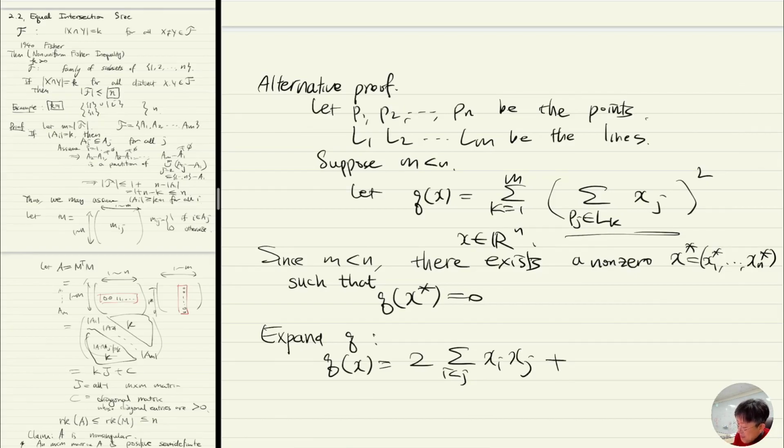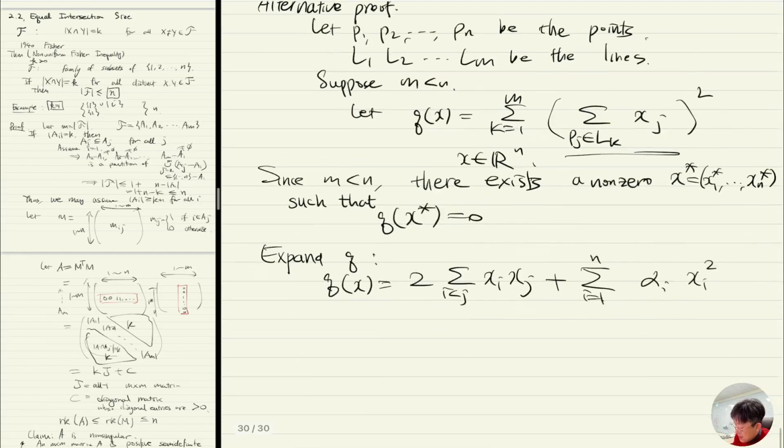And then for each square, x_i squared will occur exactly as many times as the number of lines, so from i equals 1 up to n, x_i squared occurs alpha_i times, where alpha_i is the number of lines through p_i.